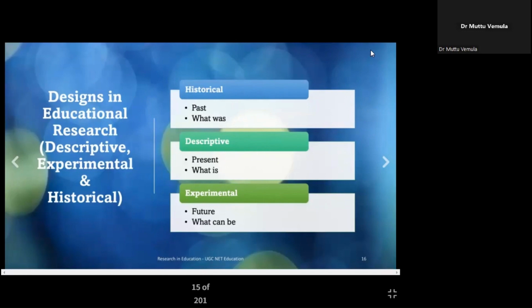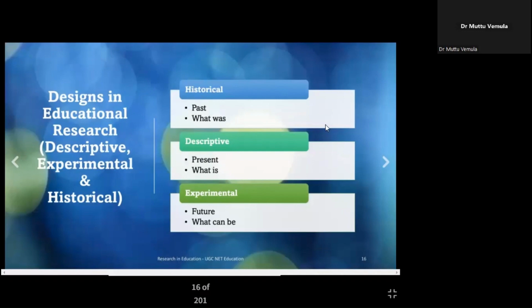What were the educational practices in India during British time? Is it about present or past or future? Obviously, it is past. So, yes, Anvesha says historical. That's correct. Because it is about the past, it is historical research.